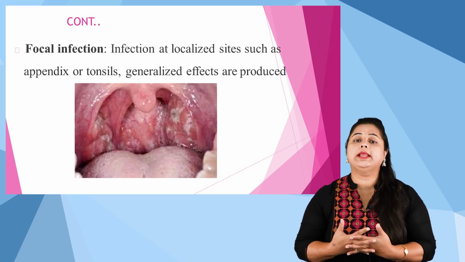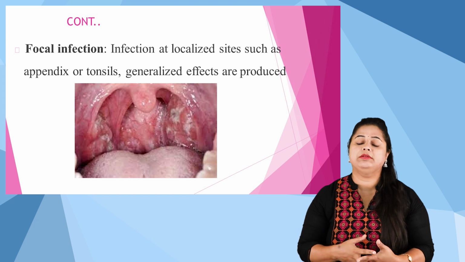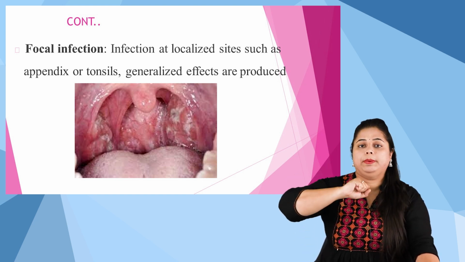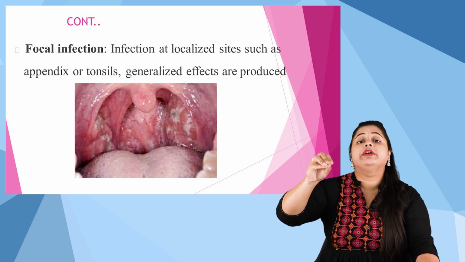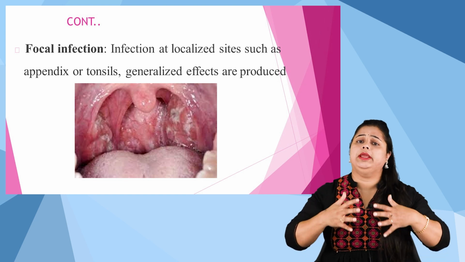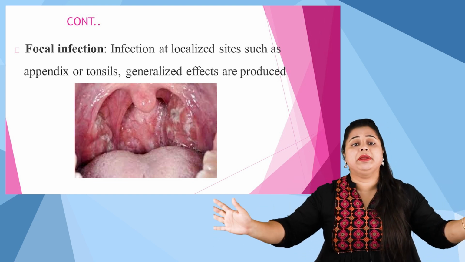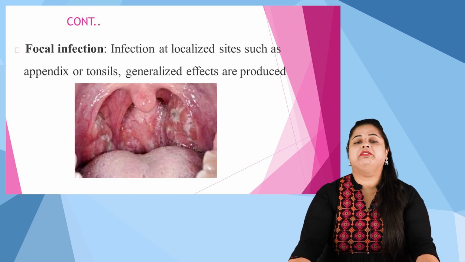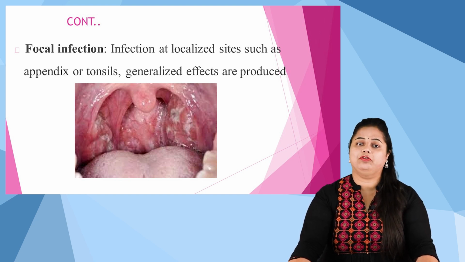Next is focal infection. The word focal means in one residence, in one place. So if the infection is localized to one part of the body and is not spreading as a systemic infection, it won't go to the whole body. Such a type of infection is called focal infection.